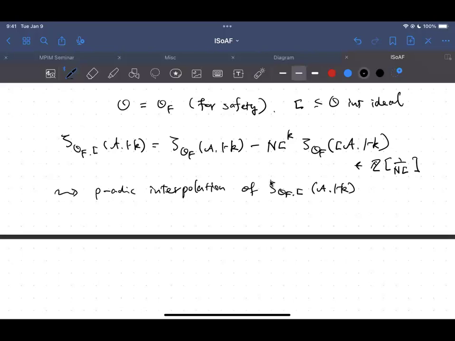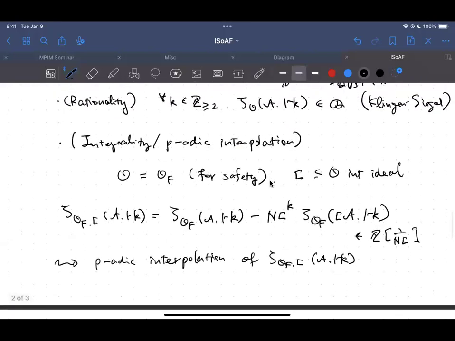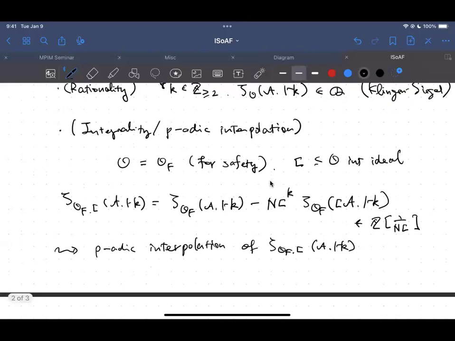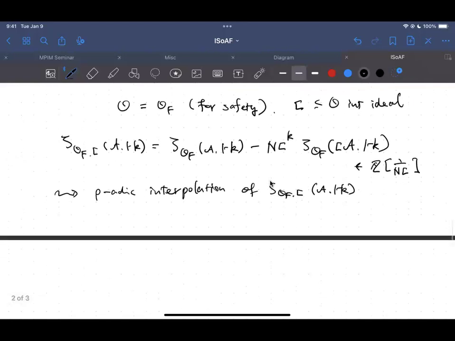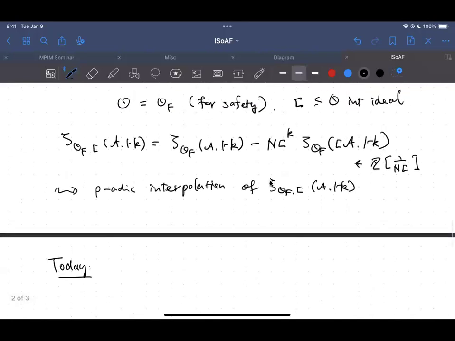Anyway, these are the known properties of the partial zeta function. In today's talk, I would like to consider a slightly different type of integrality. I would like to discuss uniform integrality in some sense.